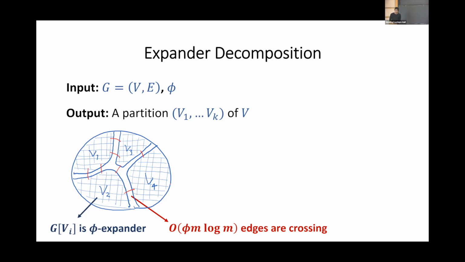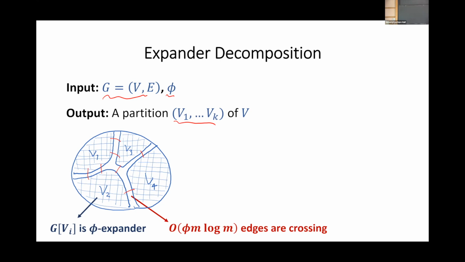An expander decomposition is the subroutine that, when you are given a graph and a parameter phi, will return a partition of vertices into many parts. And you know that each part induces an expander, a phi expander.